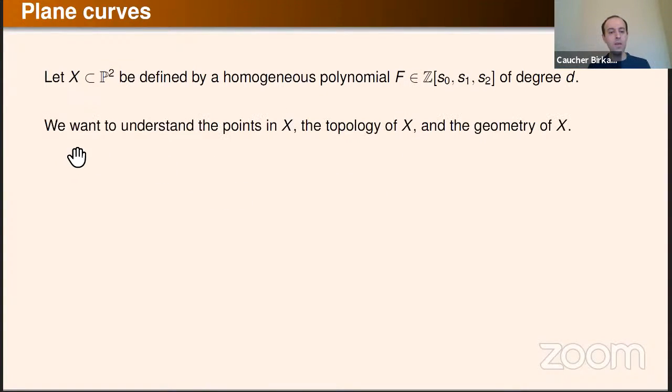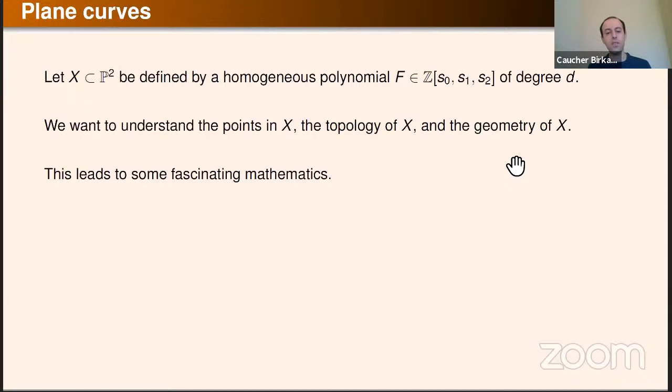Now, we want to understand this space X from an algebraic geometric point of view, but also from a topological point of view. For example, if we look at the points over the complex numbers. So in general, we want to understand the geometry of X from different perspectives.